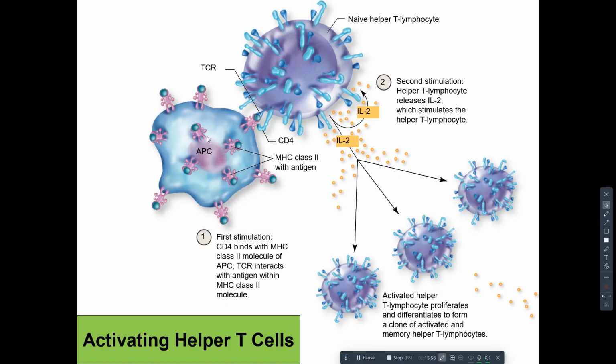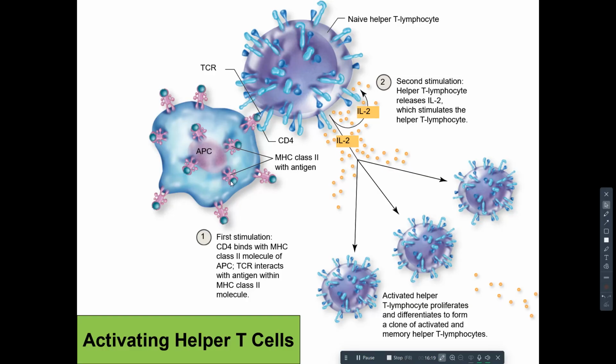All right, this guy, notice he is labeled APC. That stands for antigen presenting cell. So let's say he's a macrophage, okay? This macrophage has engulfed an antigen, chopped it up, and now it is presenting that antigen on its surface via these MHC2 proteins.